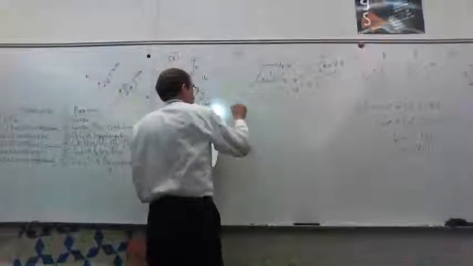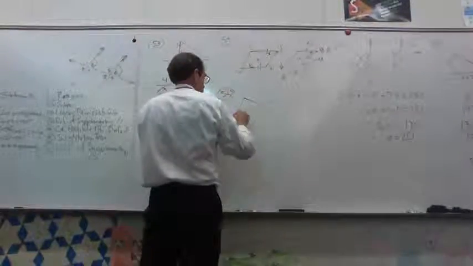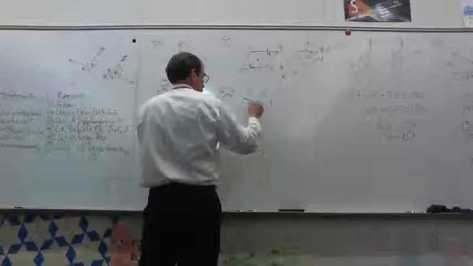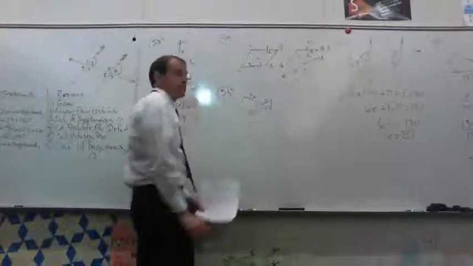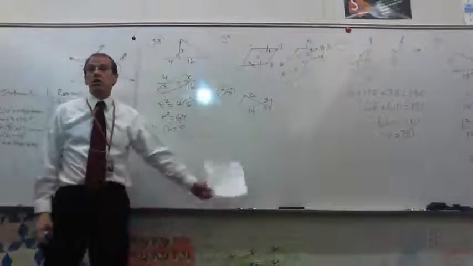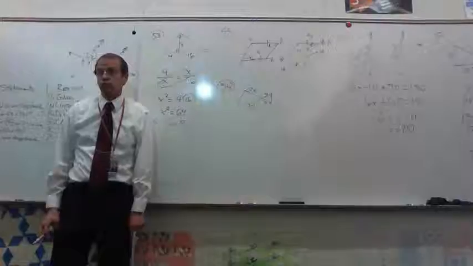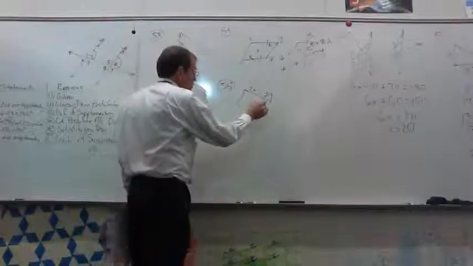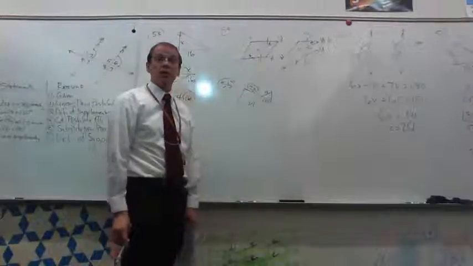Number 55 has 4 sets of 2 triangles. Can I show that those 2 triangles are similar? No. Yes. What would I do to x to get 2x? Multiply by 2.